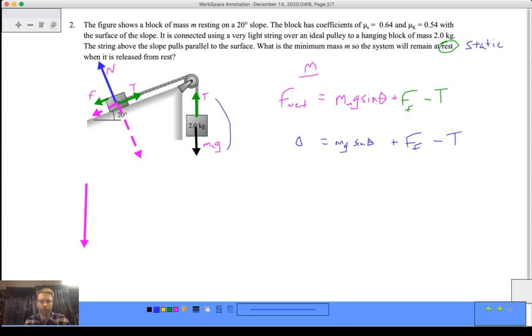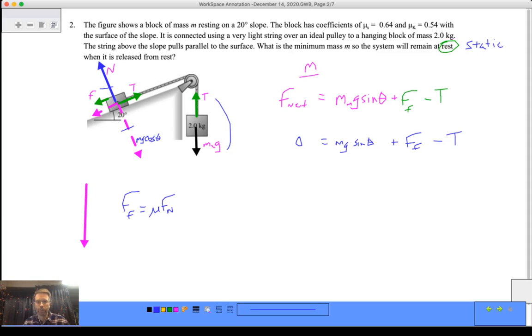We know the force of friction is the normal force times the coefficient, and the normal force has got to be equal to the into-the-hill component, mg cosine theta. That means we can write this whole expression right into our equation up on the right.